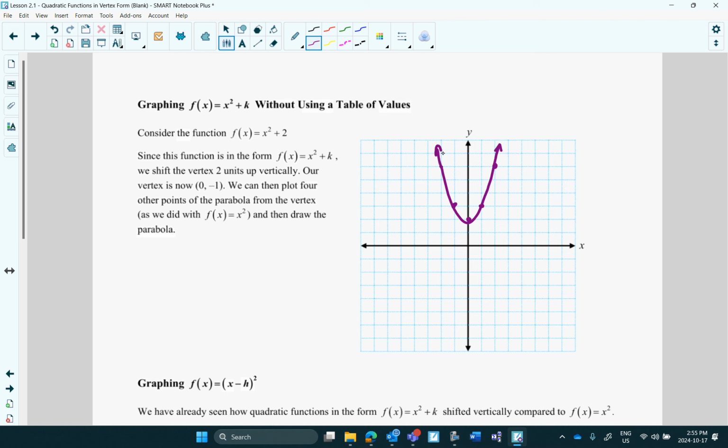Good. Thank you. So remember, it's x squared up 2. So instead of starting at 0, 0, we start up 2 from 0, 0. And then we go 1, 1, 2, 4. You'll find that with practice, you'll be able to do these rather quickly.